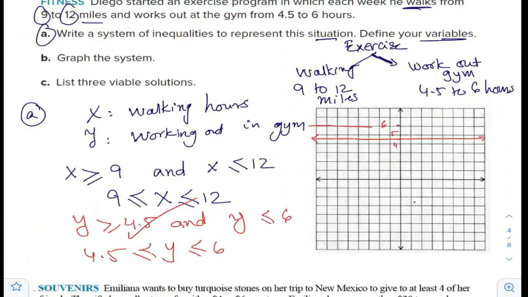We have another horizontal line for this one, Y less than or equal to 6. Now, let's try to shade. It's more than or equal to 4.5, so above the 4.5, and at the same time, below the 6. So we have this region for the Y.